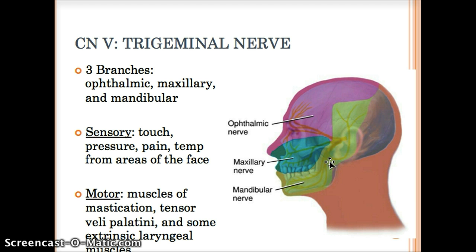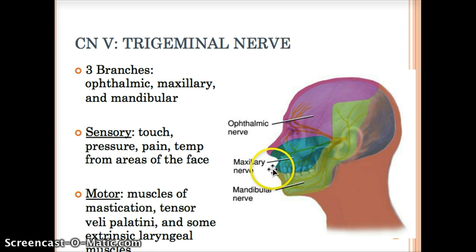Okay, so the ophthalmic branch is entirely sensory. It's just processing touch, pressure, pain, temperature from the areas of the face. It's just processing sensory information.